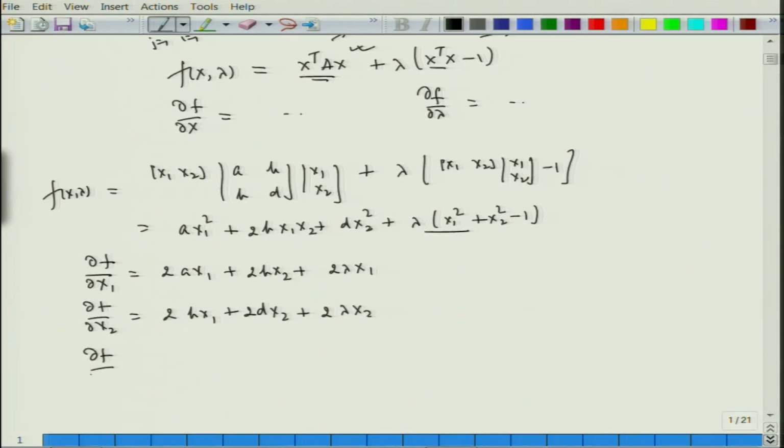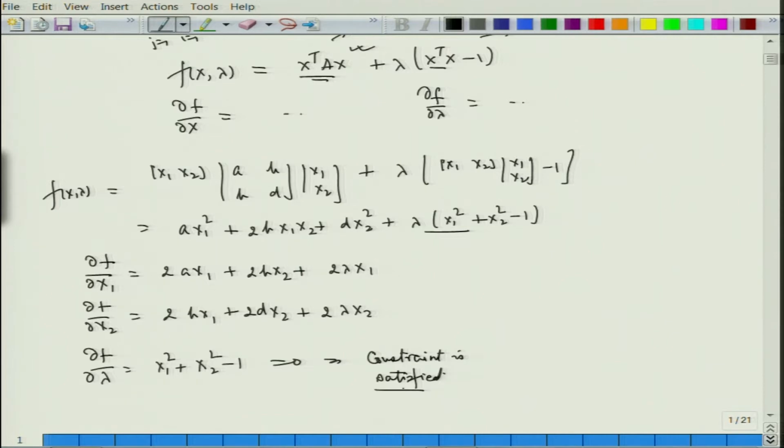And del f by del lambda is x1 square plus x2 square minus 1. Substituting this to be 0 implies that the constraint is satisfied.